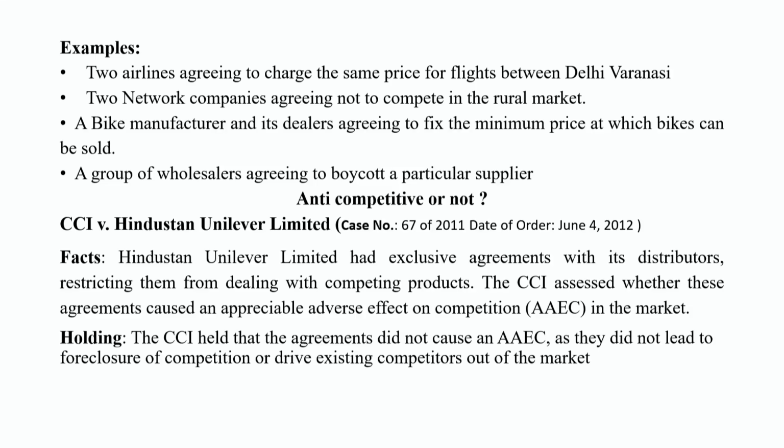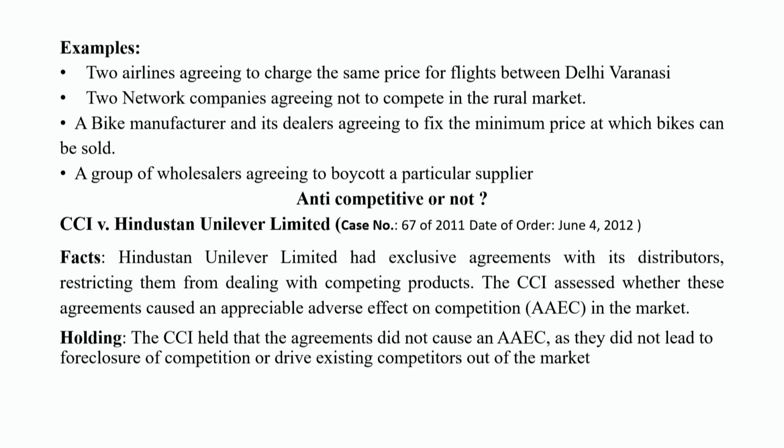But surprisingly, you find that two airlines of two different companies or enterprises charge the same price between Delhi and Varanasi. How is it possible? If it is, there may be something wrong.